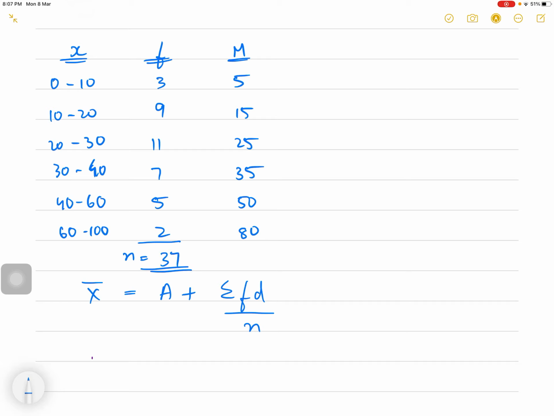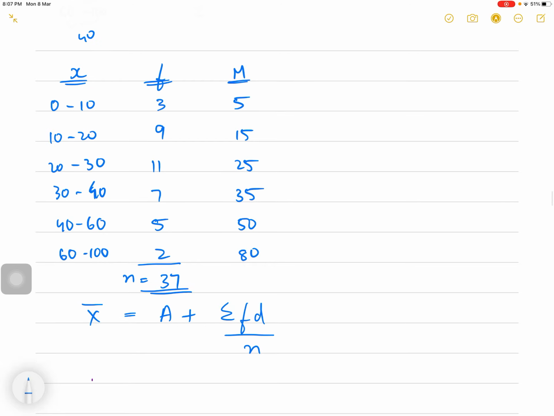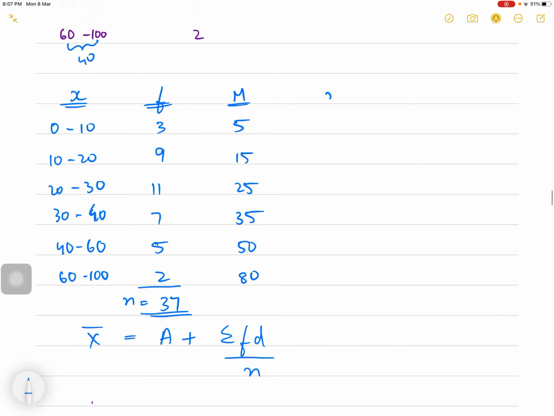Now let's calculate D. D is M minus A. I will consider 5 as A, which is the assumed mean. So 5 minus 5, 0. 15 minus 5, 10. 25 minus 5, 20. 35 minus 5, 30. 50 minus 5, 45. 80 minus 5, 75.